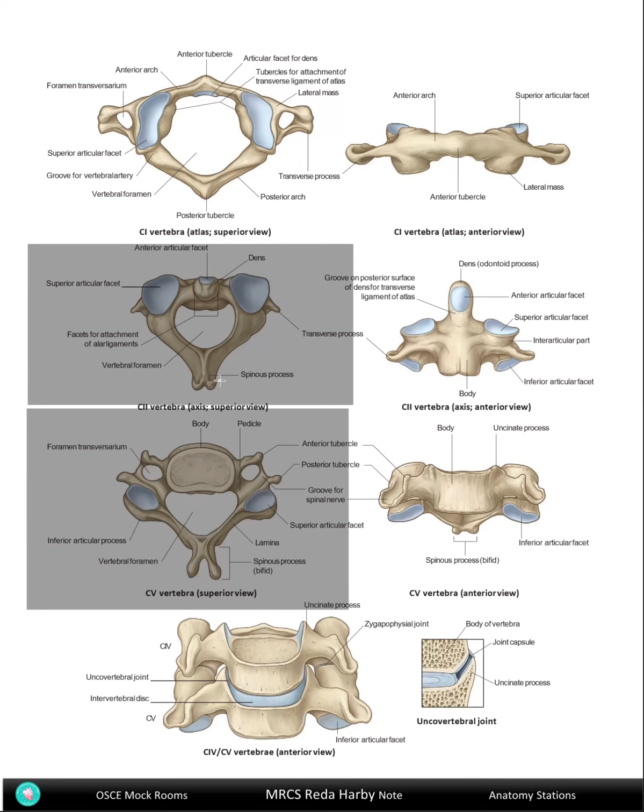I think that's the major difference between C2 and the others. Do we have a vertebral foramen here? I cannot see it, but I think C2 should have one. But it's not in the picture.